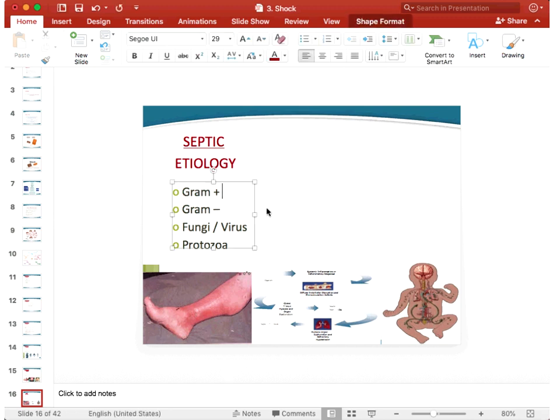What happens here is that the pressure gets lost. So you have a patient that is not responding to your crystalloids. His or her blood pressure is very low. The cardiac output starts diminishing.